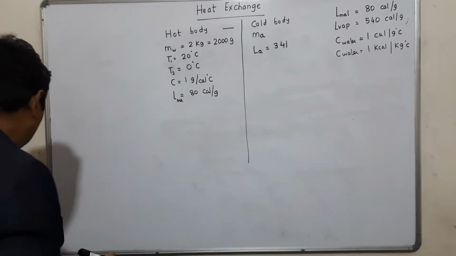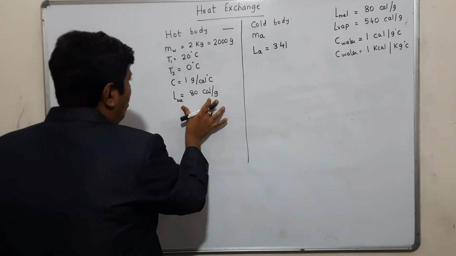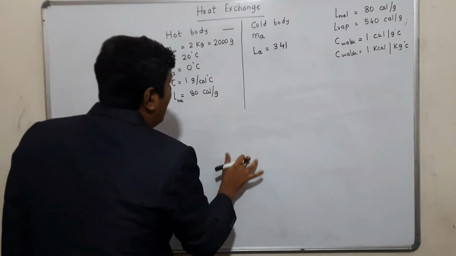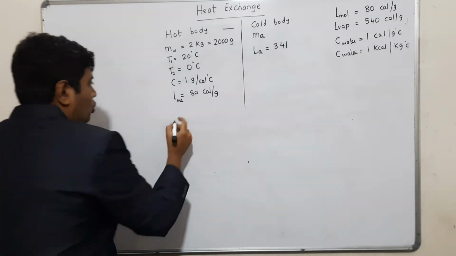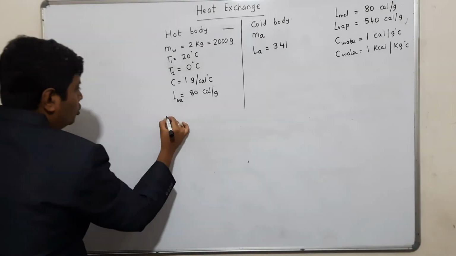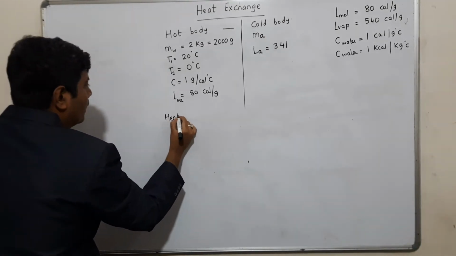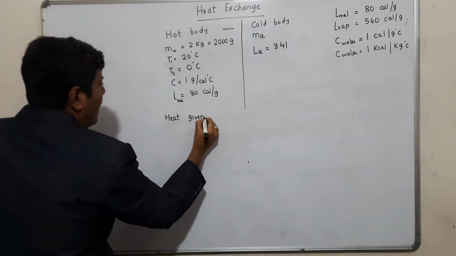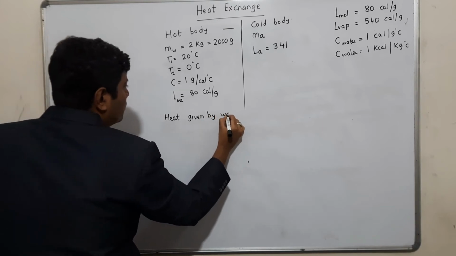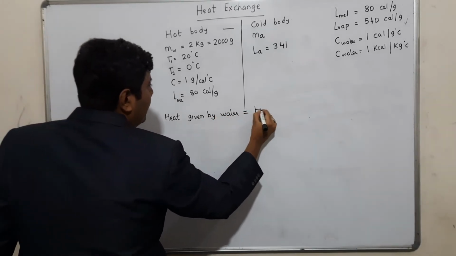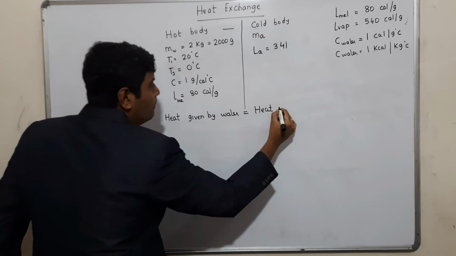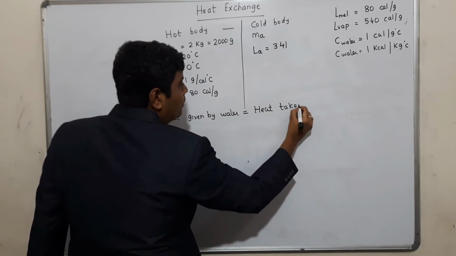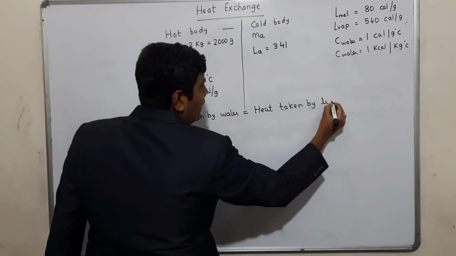So whatever heat is given by water, it will be taken by liquid ammonia. Because this is hot body, so heat given by water is equal to heat taken by liquid ammonia.